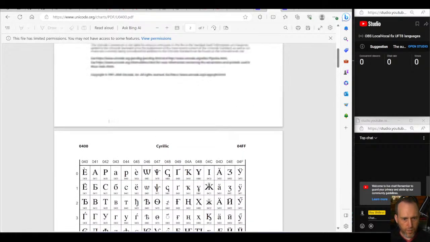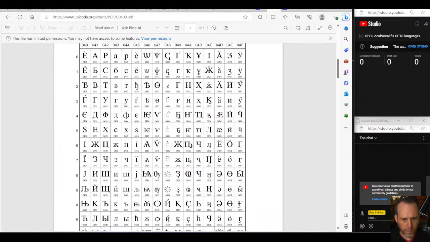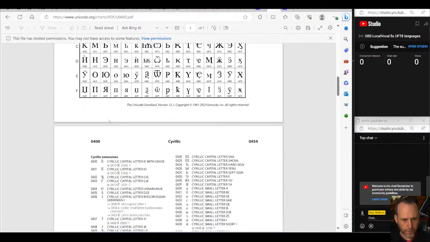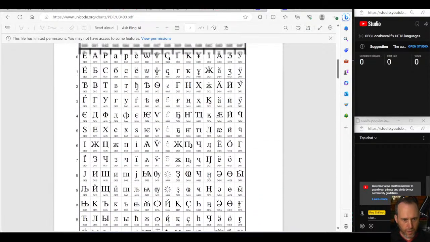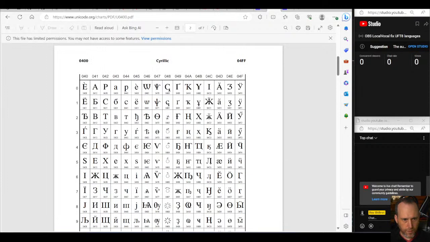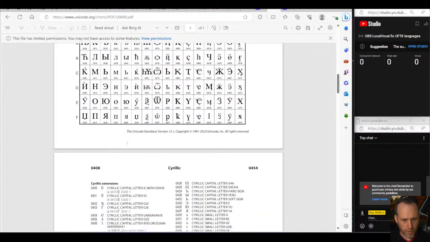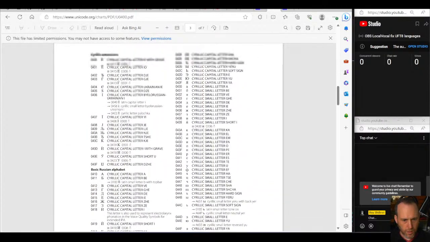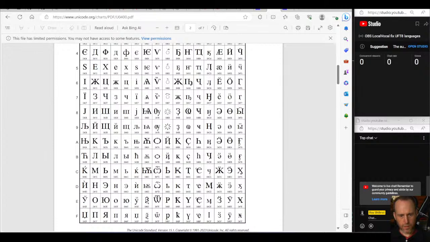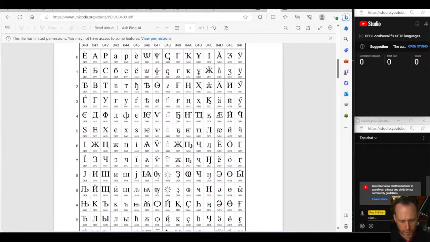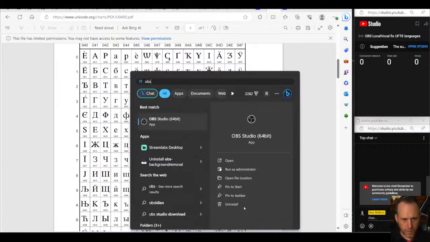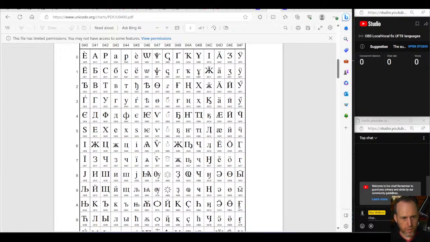Right, so it's like 0400 and 04FF. Kind of want to go back to OBS and have a look at the Russian script.